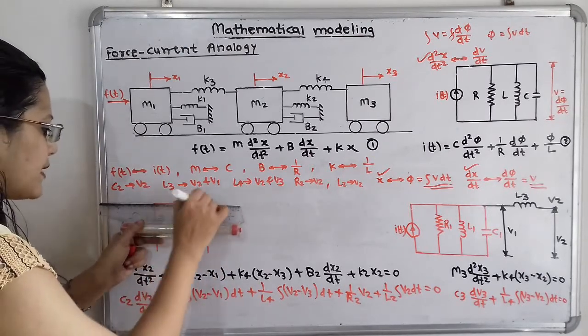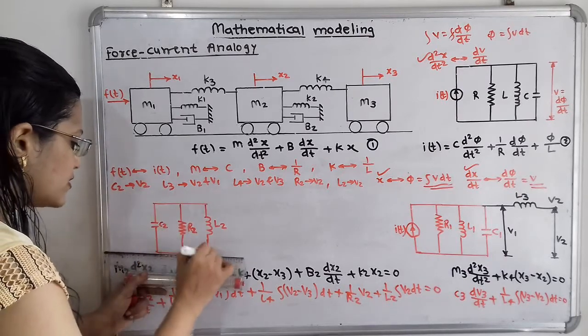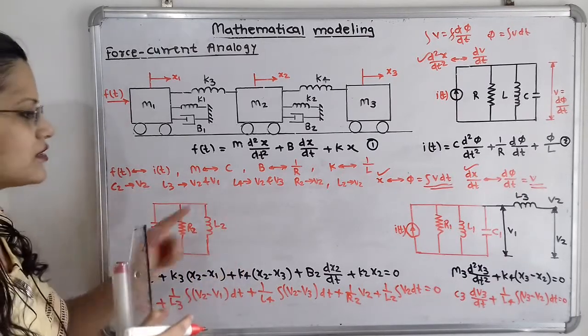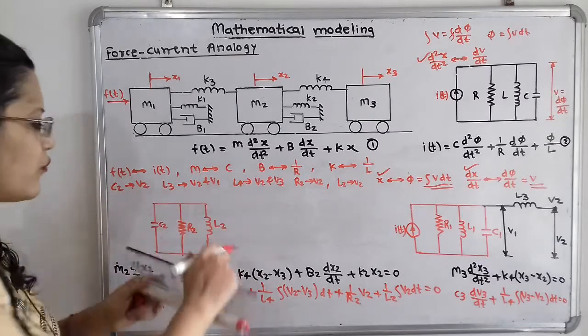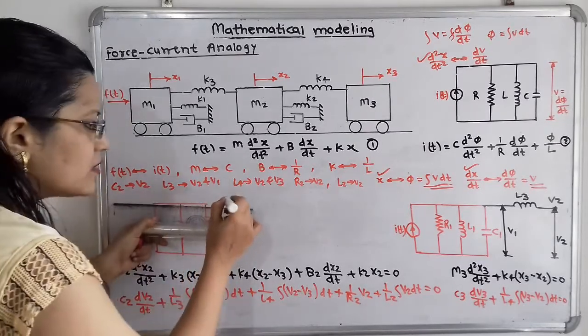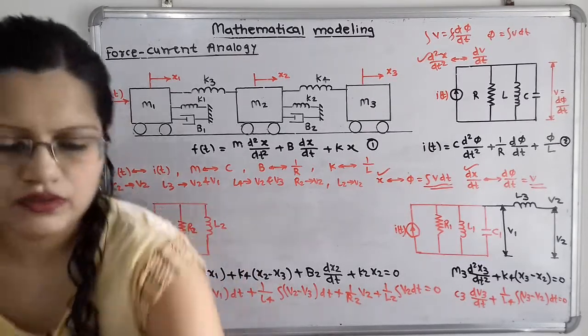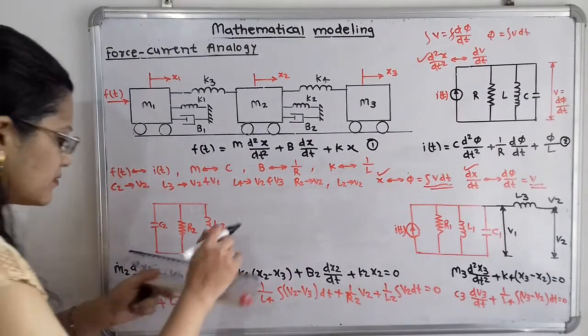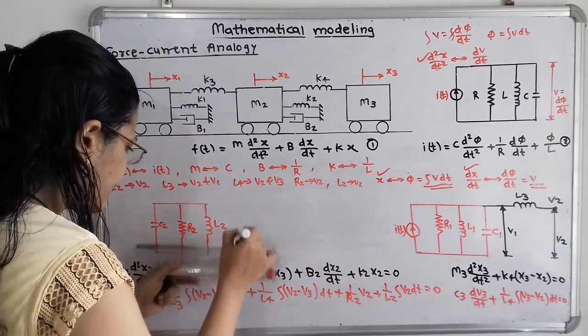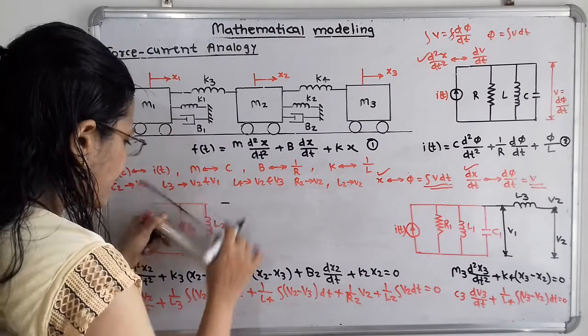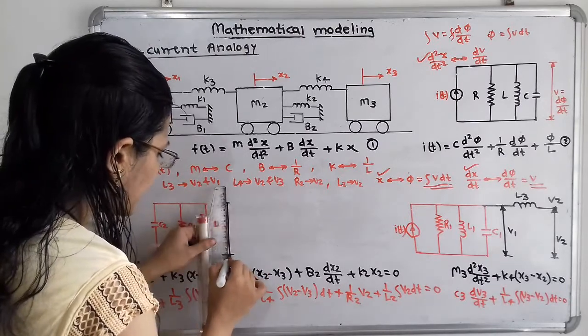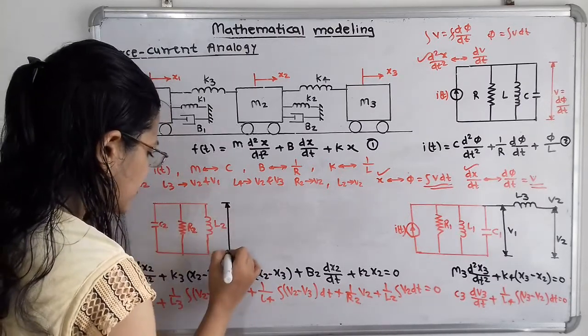So these elements are parallel to each other and voltage across them is same, that is V2. So I will show here the voltage across them, using a different color marker. Voltage across these three elements is same, that is V2.